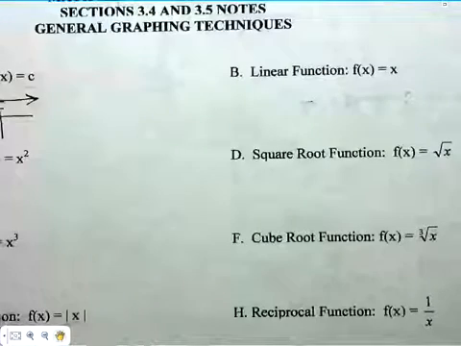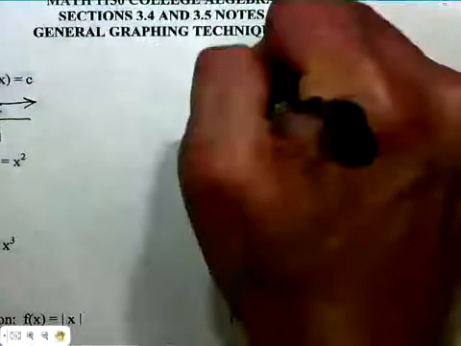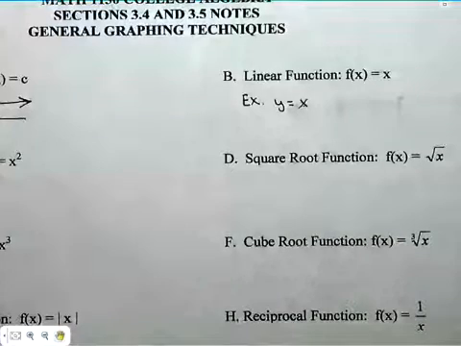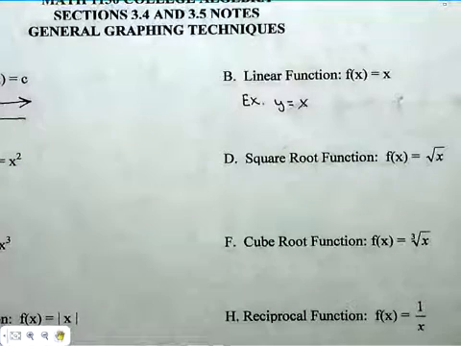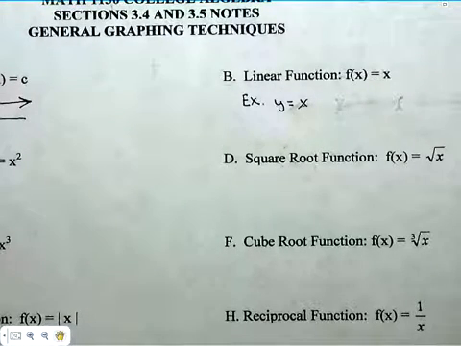The linear function, f of x equals x, well, actually, that's the same thing as y equals x, and we've already graphed that. Specifically, I know that that equation is in what form of a linear equation? What's that form when you have the y by itself? That's slope-intercept form. I can just look at that and tell you the slope is what? 1.